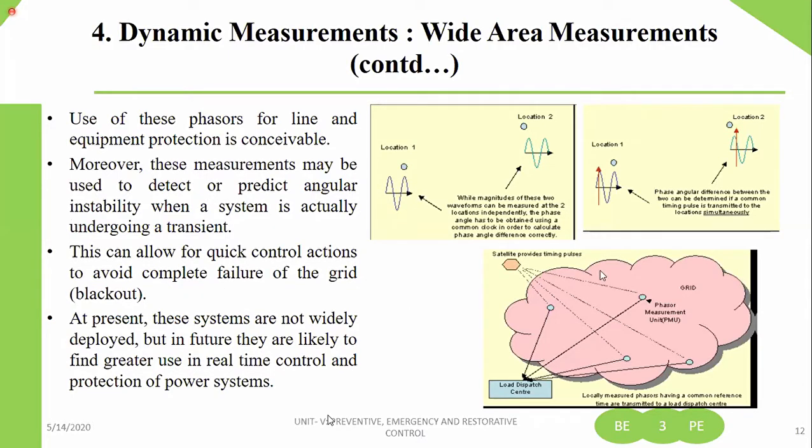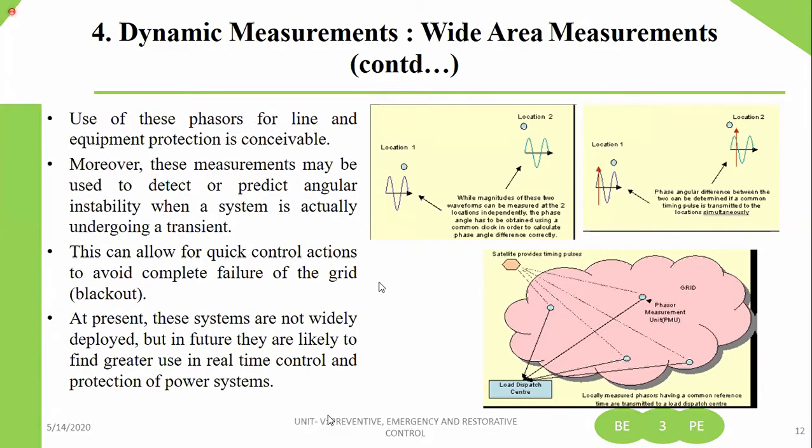Here I have given all the explanation about this. The use of this phasor for line and equipment protection is conceivable, and moreover this measurement may be used to detect or predict angular instability when the system is actually undergoing a transient state. In a static state we can measure, but in a transient state we will not be able to measure this.